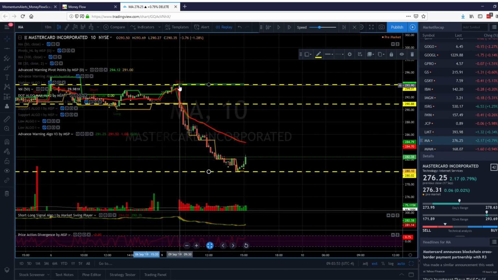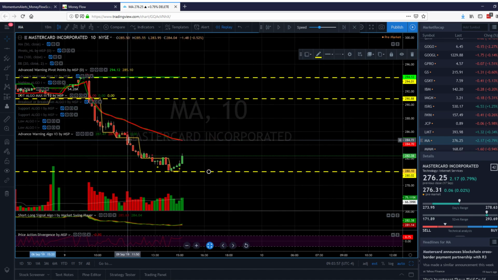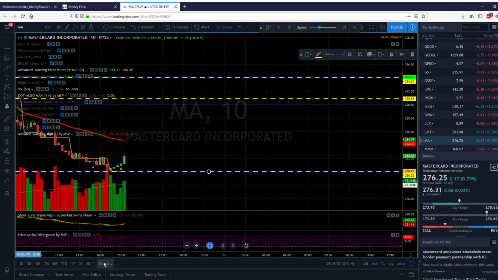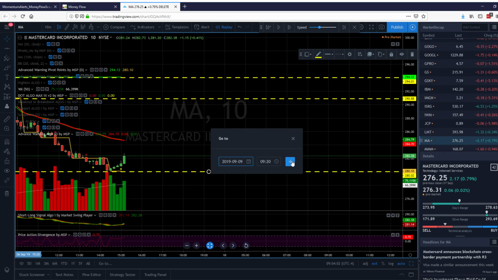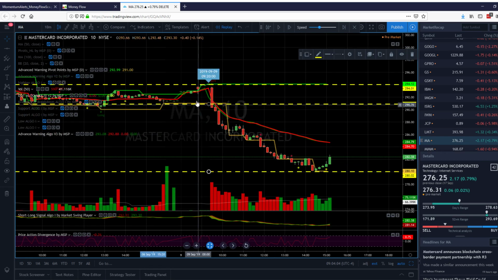So the market opened up at 0930. Let's zoom in. You need to be prepared in advance, okay? Some of these moves happen at 100 miles per hour, it seems.